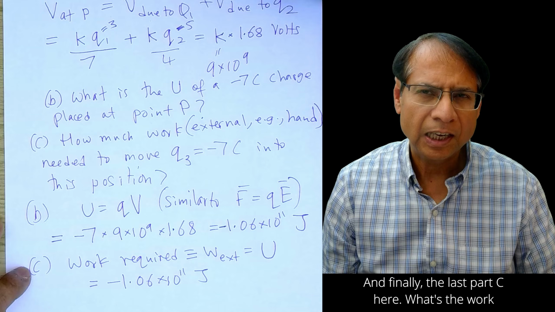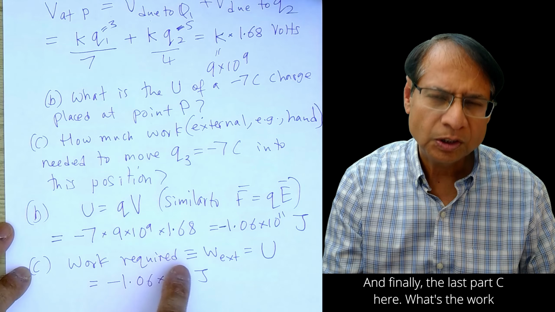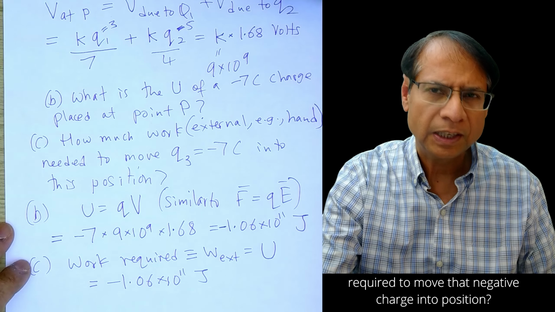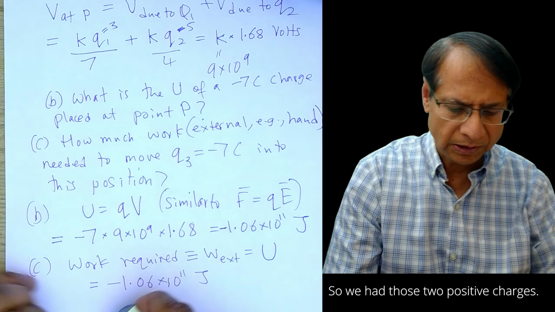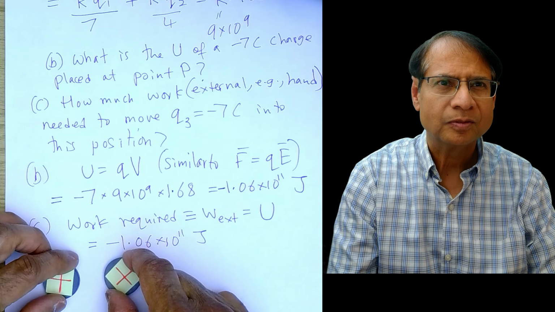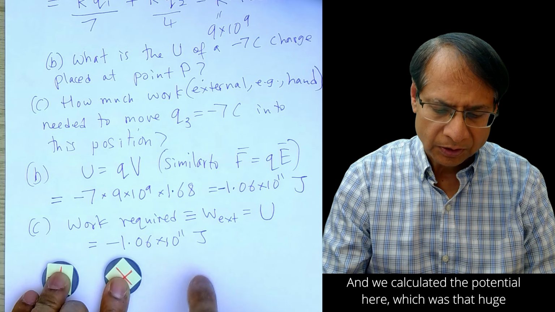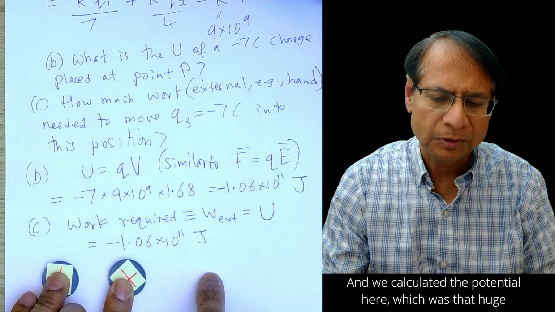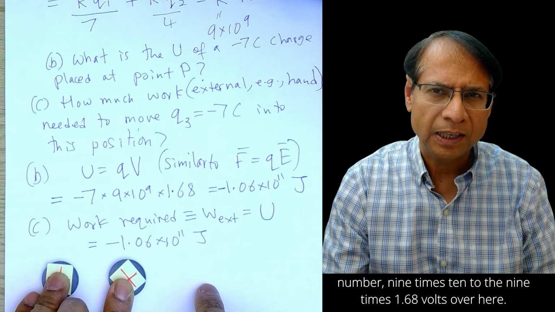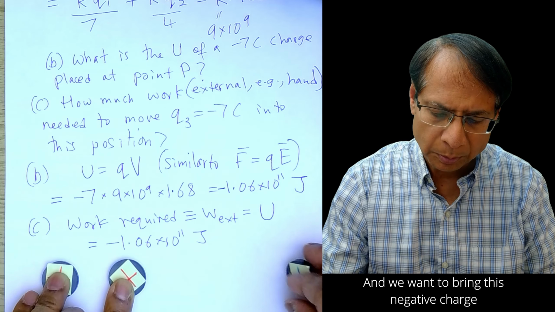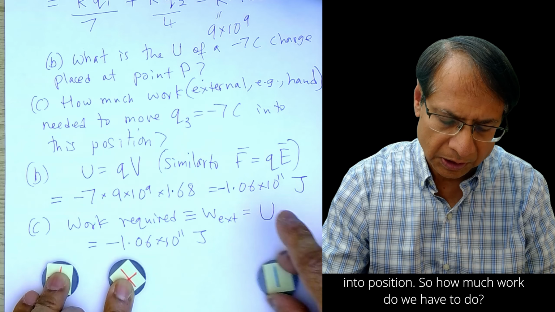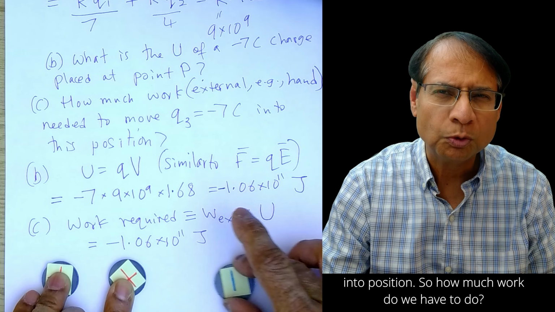And finally, the last part, C here: what's the work required to move that negative charge into position? So we had those two positive charges. Remember, you calculated the potential here, which was that huge number, 9 times 10 to the 9 times 1.68 volts over here. And we want to bring this negative charge into position. So how much work do you have to do?